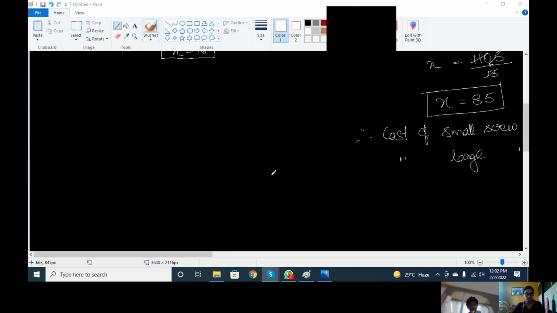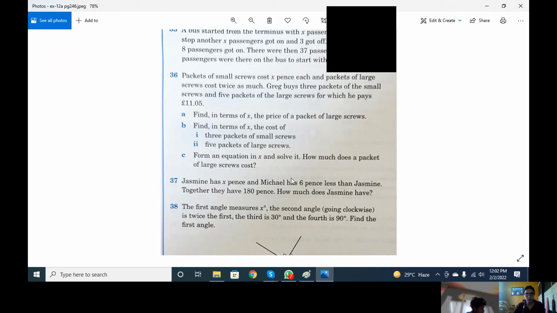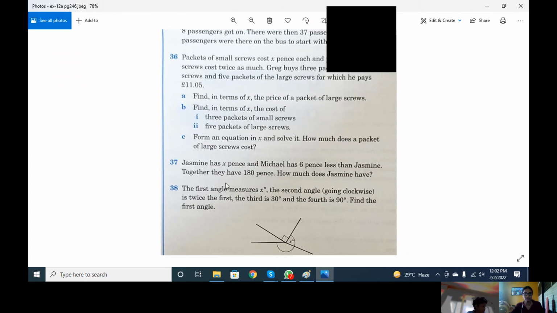Question number 37. Could you read question number 37? Jasmine has X pence and Michael has 6 pence less than Jasmine. Together they have 180 pence. How much does Jasmine have?